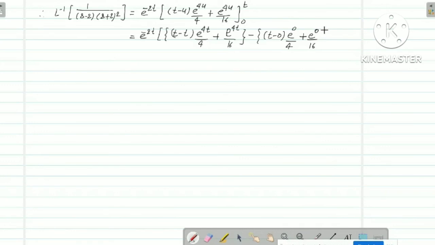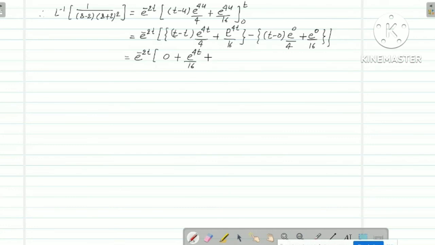Just close the bracket and simplify this. So this is equal to e raised to minus 2t, and open the bracket, t minus t is 0, and 0 multiplied by anything is 0, plus e raised to 4t by 16.